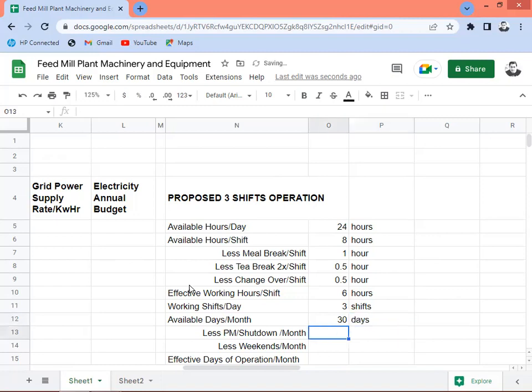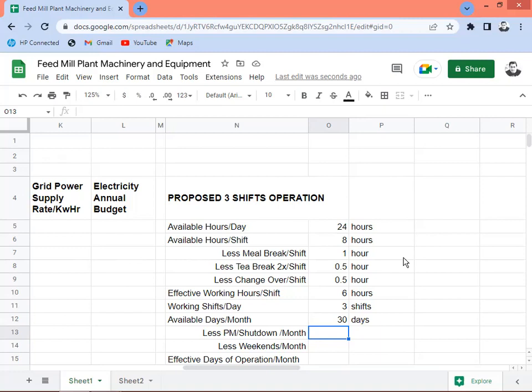And then we're going to get the effective days of operation per month. So less PM shutdown. In 1 month, you're going to provide 1 day of preventive maintenance or shutdown of the plant. In 1 month, only 1 day you're giving for preventive maintenance, cleaning, making adjustments to the equipment, or changing parts that are already worn out, that is part of the PM.